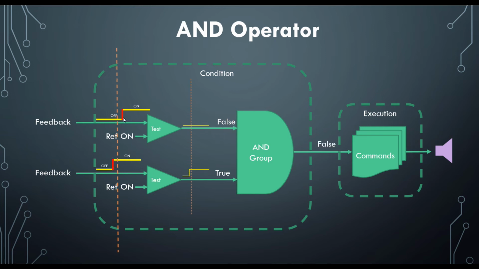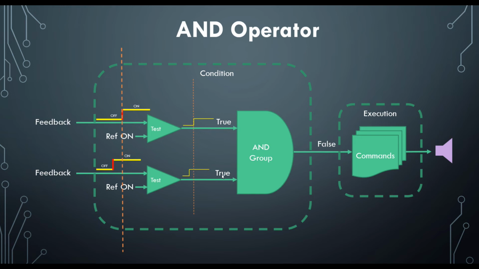Later in time, this feedback sensor will then turn on. Its test therefore goes high, indicating that that test is also true. The other feedback is still in its on state, so is true.